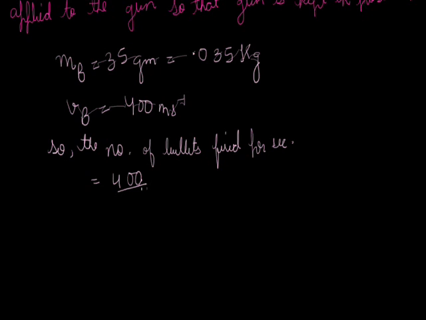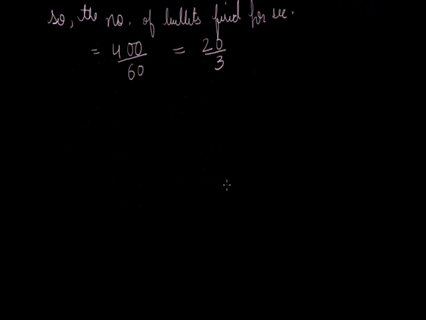So we are taking consideration of second. So that will be 400 by 60. That comes out to be 20 by 3. So this becomes the number of bullets which are fired in 1 second.